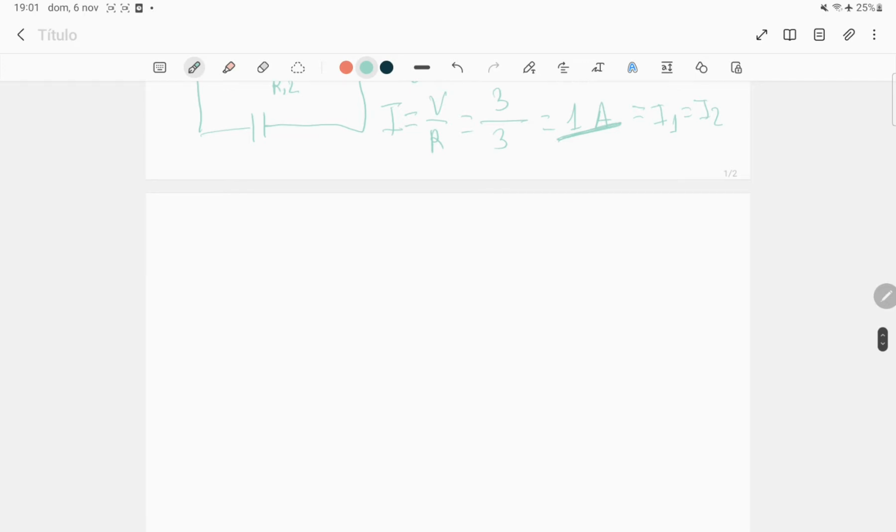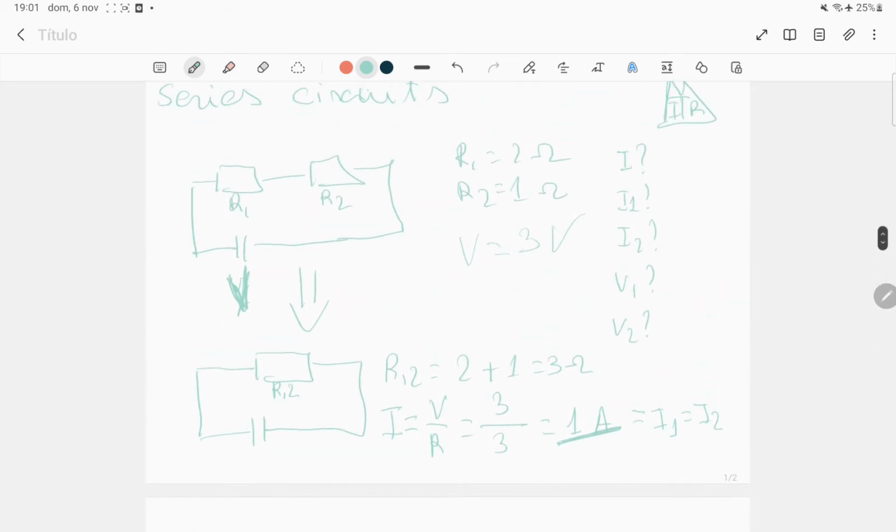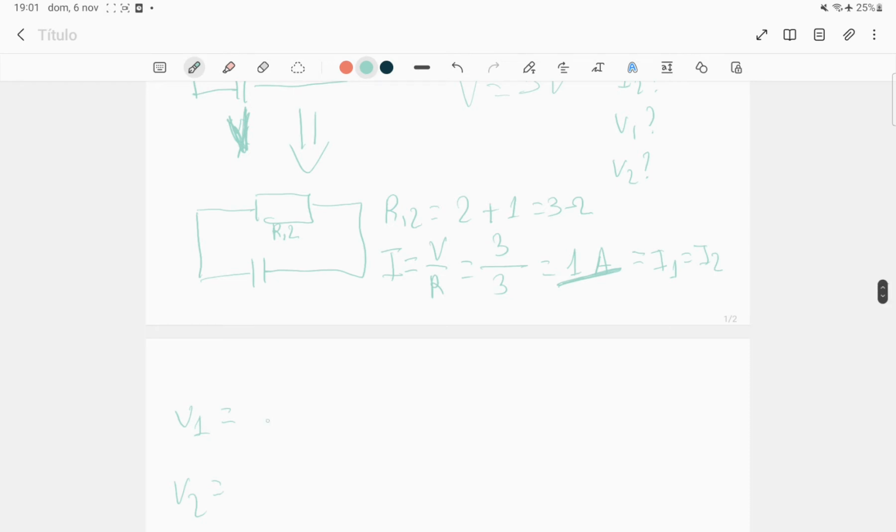So now we are going to calculate V1 and V2. Okay, V1 is I, that is 1. We are going to put here I multiplying R1 and I multiplying R2.